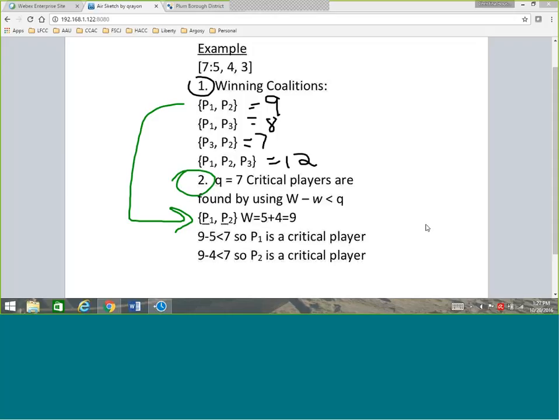This is the inequality you use: if it is met, then that player is a critical player. So 9 minus 5 is less than 7, so P1 is a critical player. 9 minus 4 is less than 7, so P2 is a critical player. I underlined P1 and P2 because they are both critical players in this winning coalition.